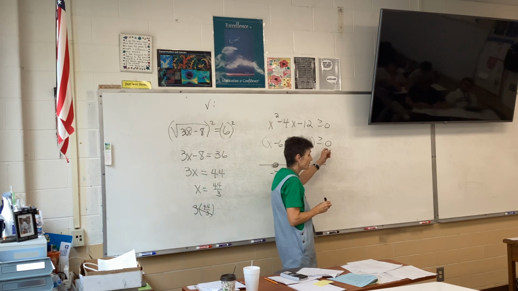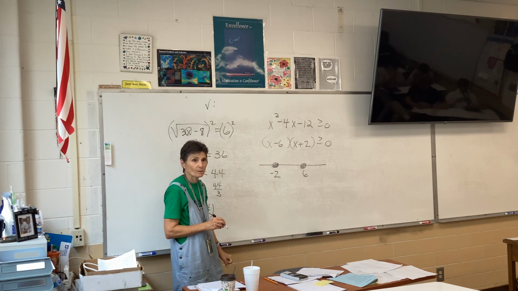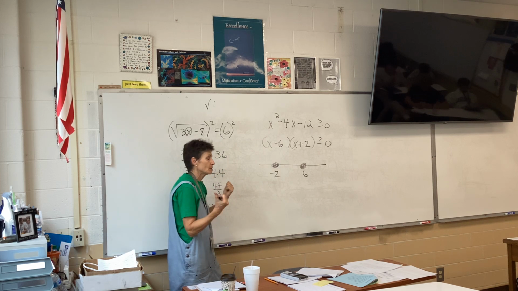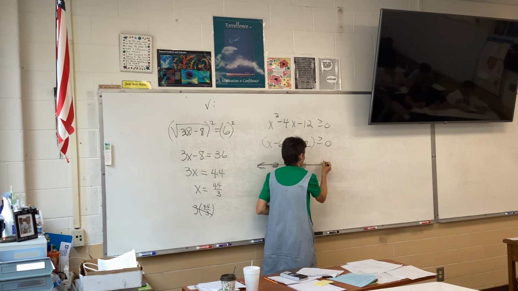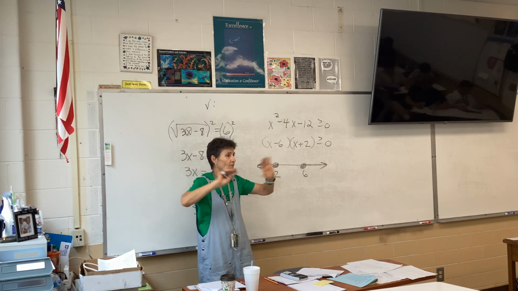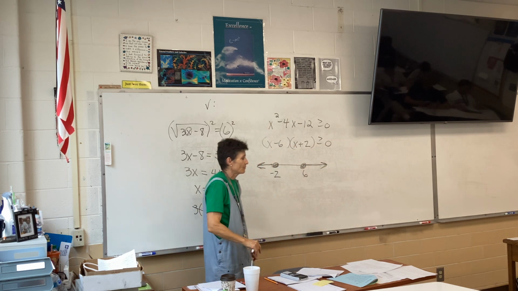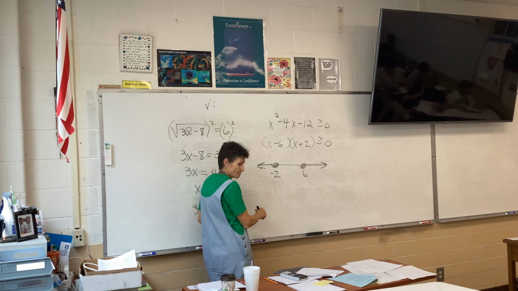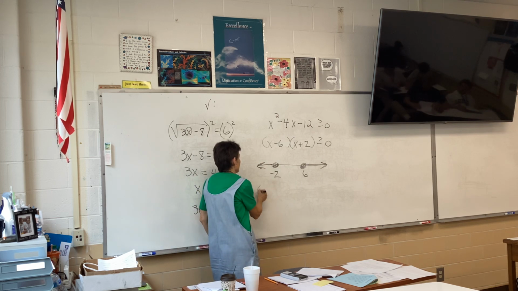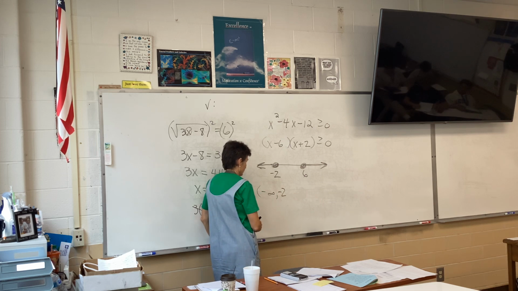I think we talked about this. If it's a greater than problem, where do we shade? Where are greater thans always shaded? Outside. Greater thans are outside. Greater than, far away, great distance. So what's my answer? Parentheses, negative infinity, comma, negative 6 bracket.